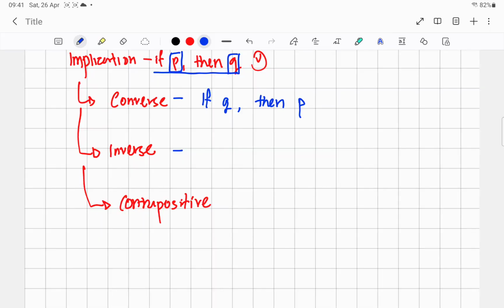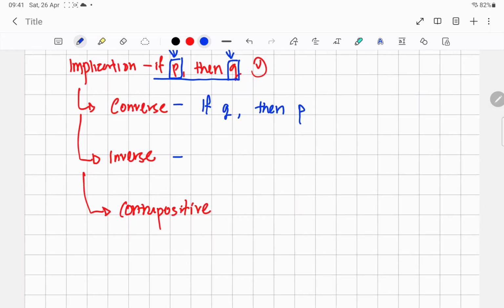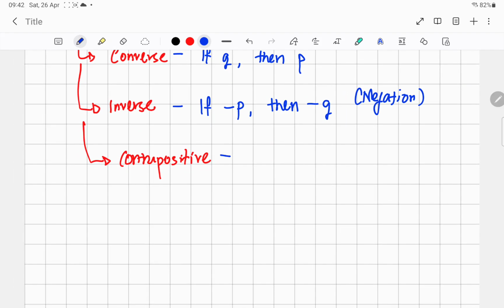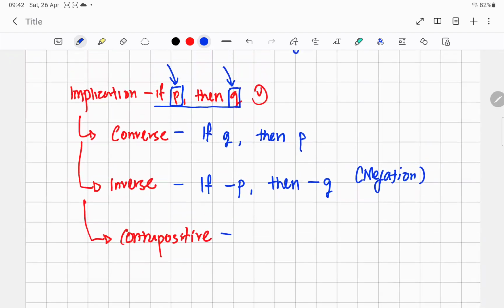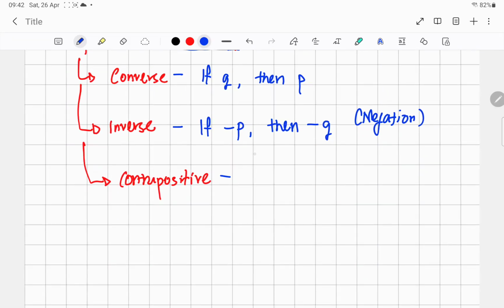If this is P and this is Q, the inverse is if not P, then not Q. So you have to know about negation. For the contrapositive, you need to negate the statement and reverse it. So you have if not Q, then not P.